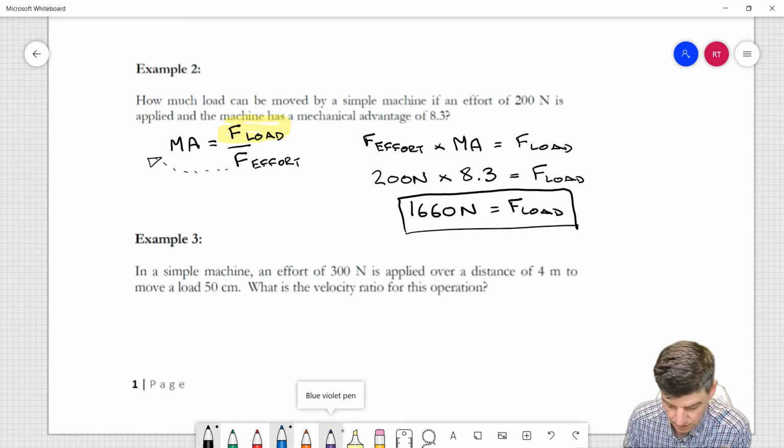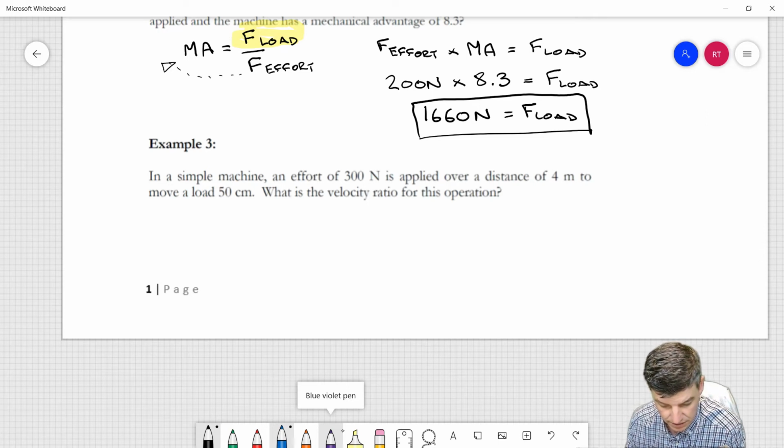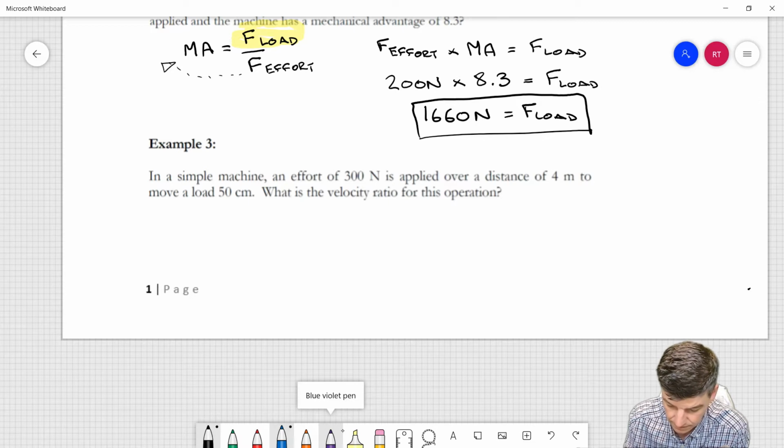Okay. We have example 3. So in a simple machine, an effort of 300 newtons is applied over a distance of 4 meters to move a load 50 centimeters. And what is the velocity ratio for this operation? So my velocity ratio is equal to distance compared to distance.